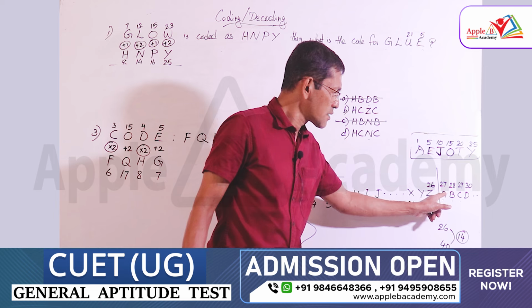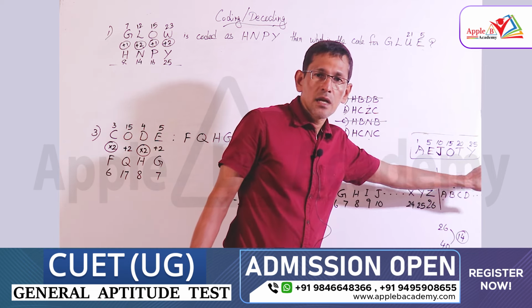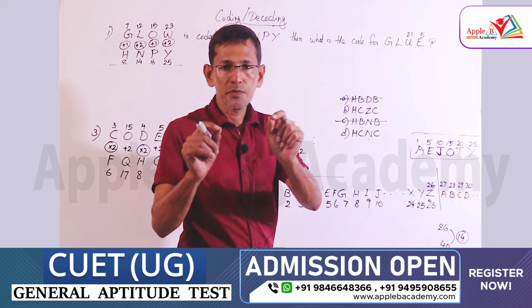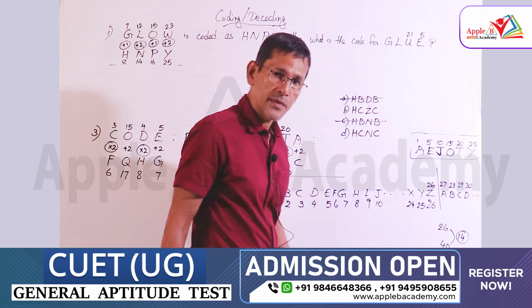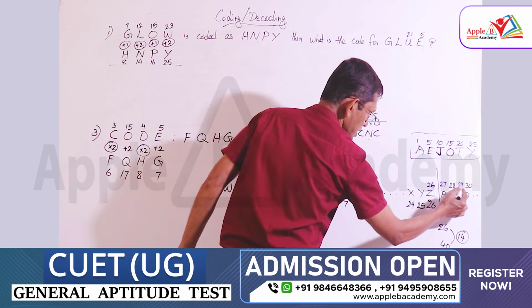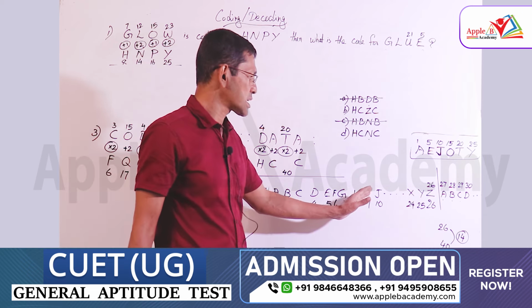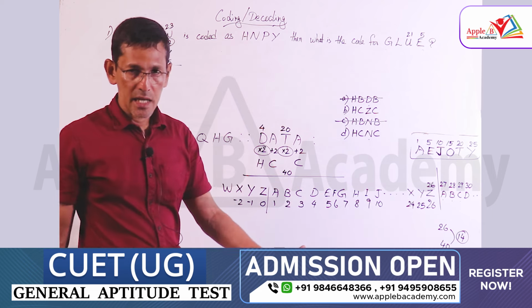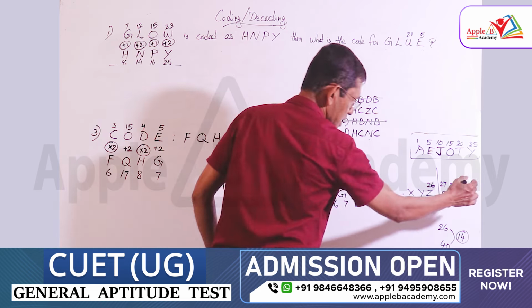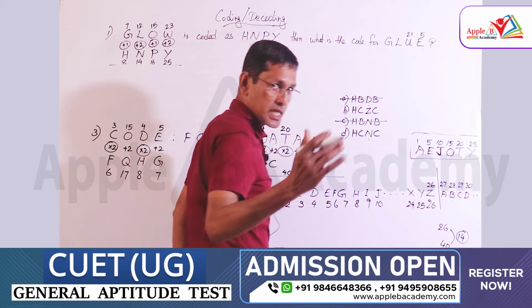That means the 14th letter from the second loop would be exactly at the position of number 40. So which is the 14th letter in the second loop? Doesn't matter whether it is the first loop or second loop, the 14th letter would be N. So 26 plus 14, 40.